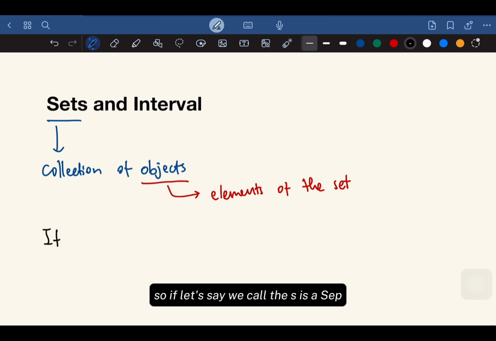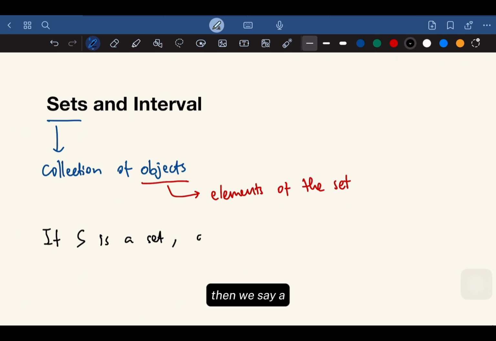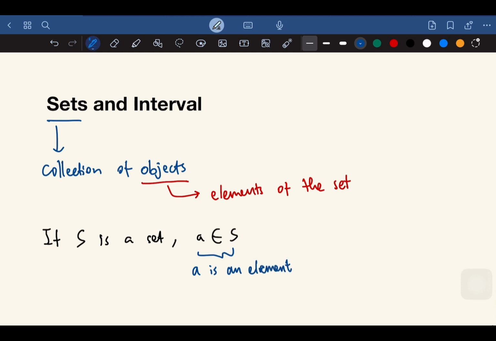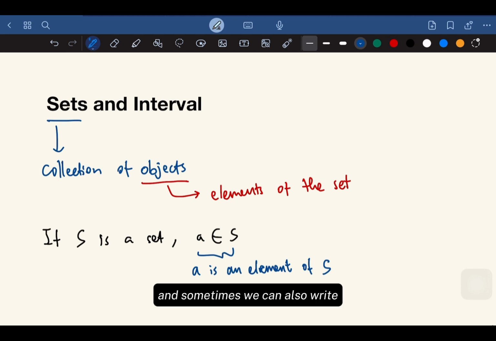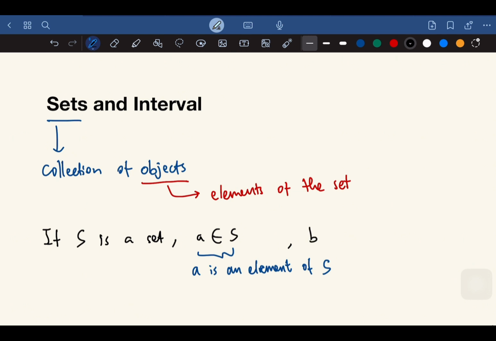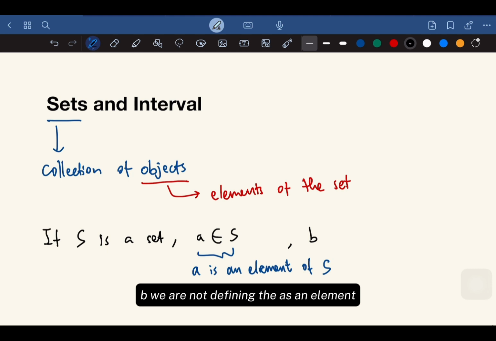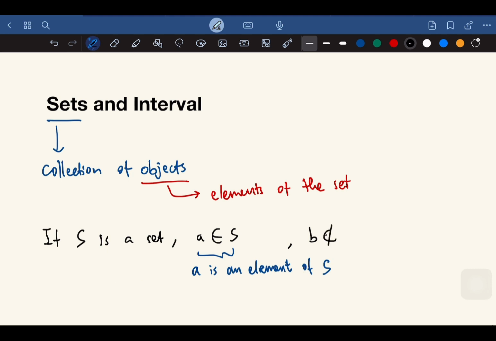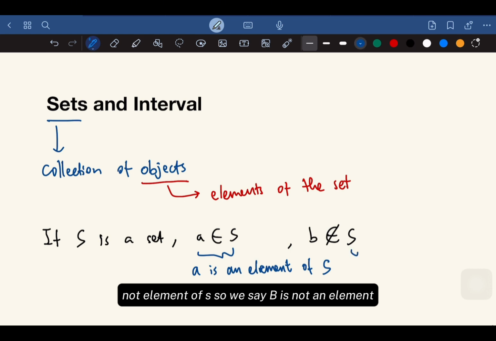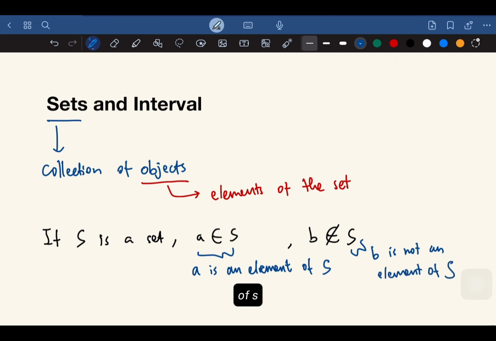So let's say we call S a set, then we say A is an element of S. And sometimes we can also write the opposite: if we have B, and we are not defining B as an element, we can say that B is not an element of S.